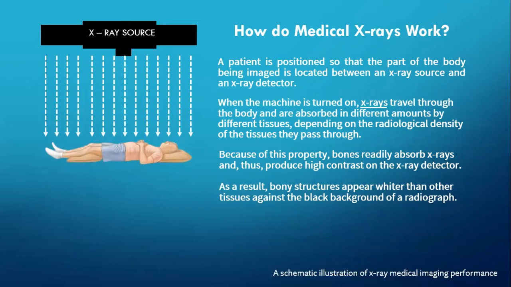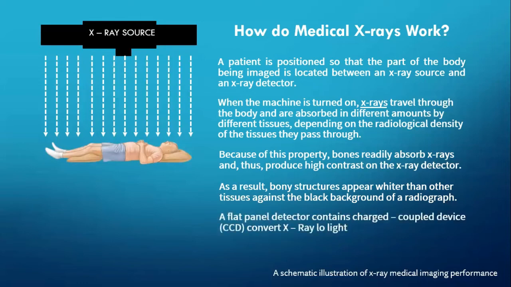Conversely, X-rays travel more easily through less radiologically dense tissues such as fat and muscle, as well as through air-filled cavities such as the lungs. A flat panel detector contains a charge-coupled device, or CCD, that converts X-rays to light.